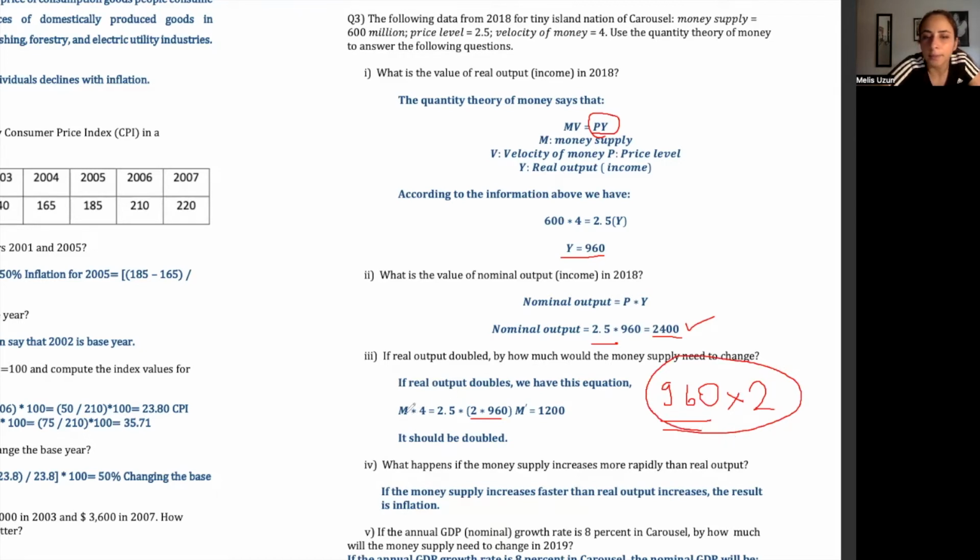So it affects the money supply. So money supply we don't know. Velocity of money was 4, and price level was 2.5. So we wrote the new real output amount. So the new money supply is equal to 1,200. So it was 600 before. So it needs to be doubled when real output doubled.